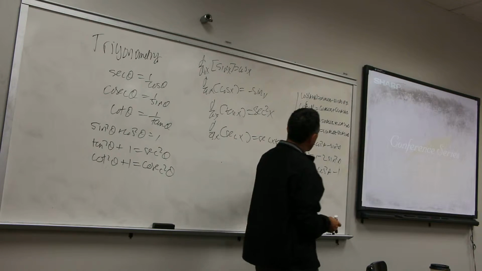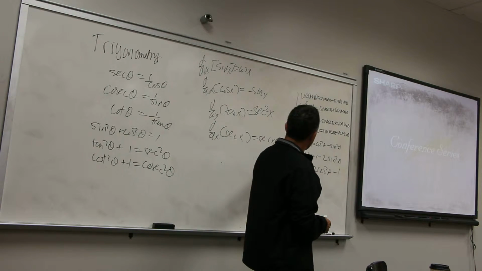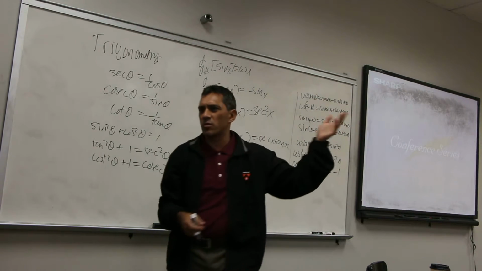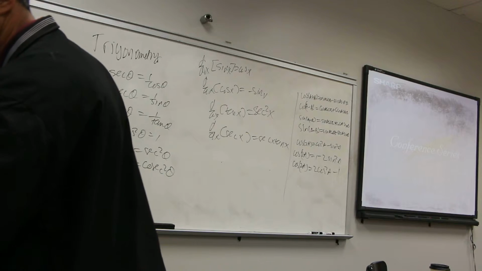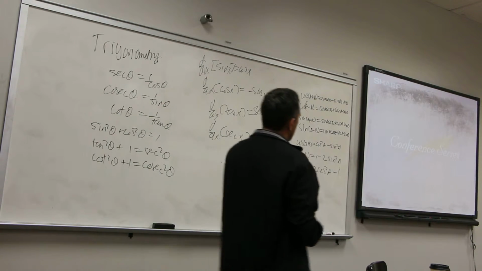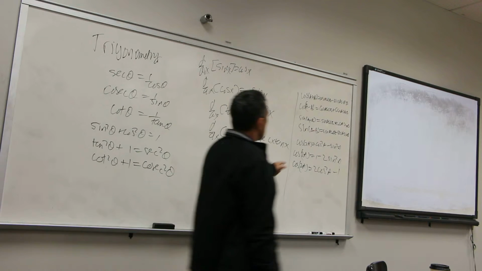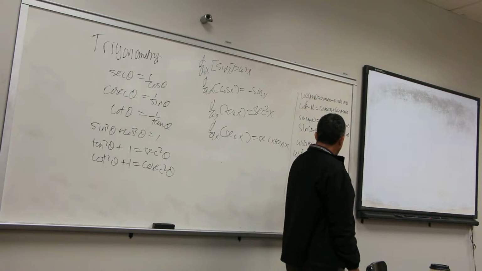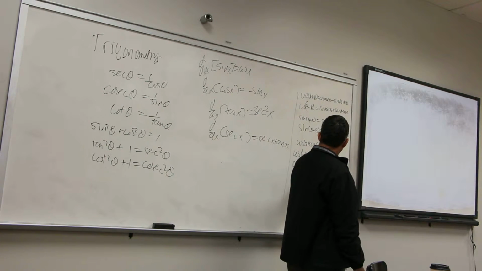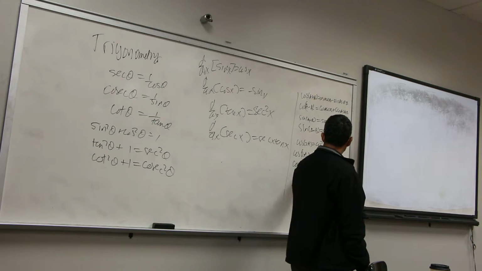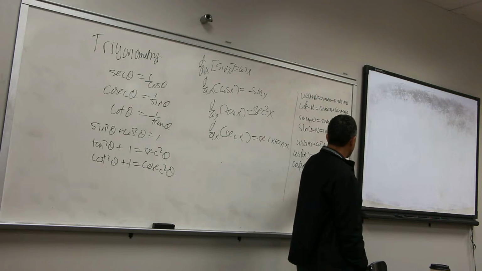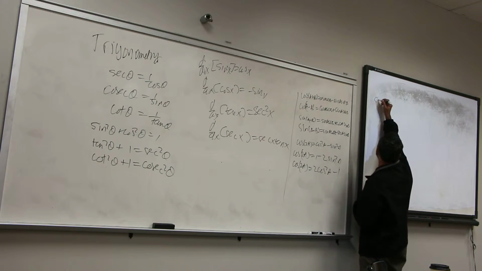And you can rewrite these as half angle formulas, if you just do some algebra. You know that if cosine 2A is 1 minus 2 sine squared A, then 1 minus cosine 2A divided by 2 is the sine squared of A. So that's a nice formula.